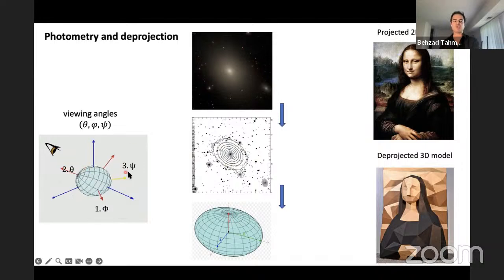And then by assuming some viewing angles, we can deproject this 2D ellipse to a 3D ellipsoidal Gaussian. So then we can have a rough estimate of the 3D density and then compute the potential.